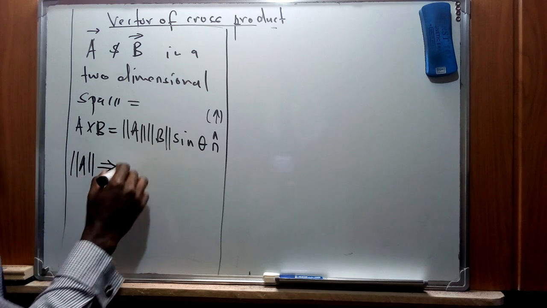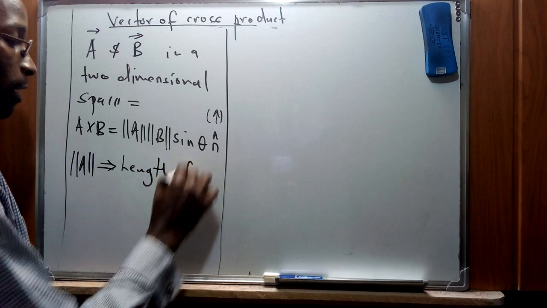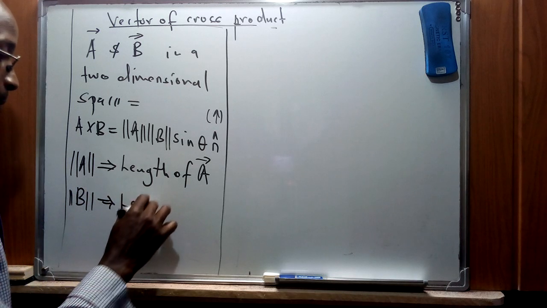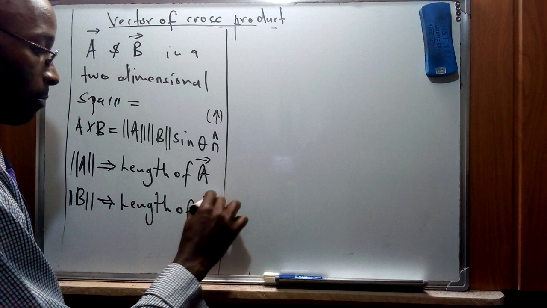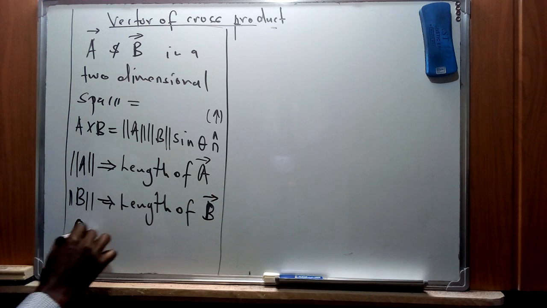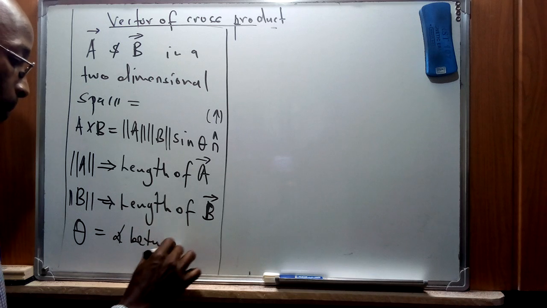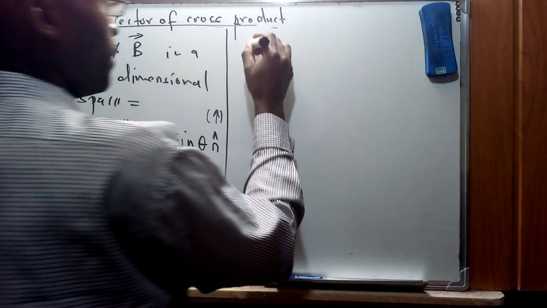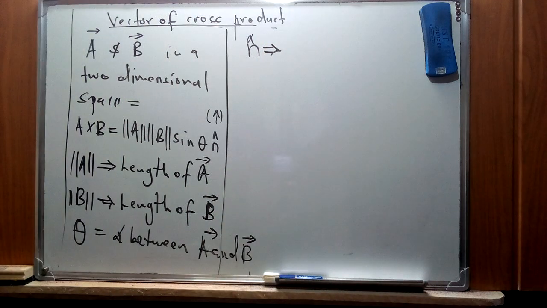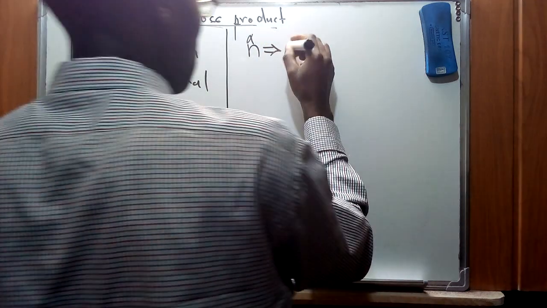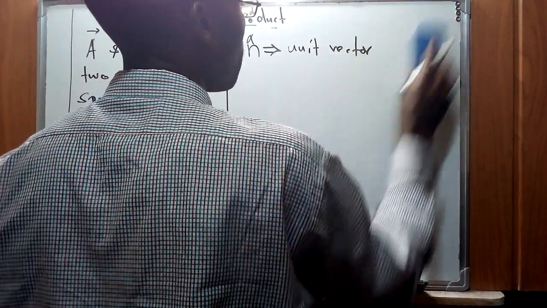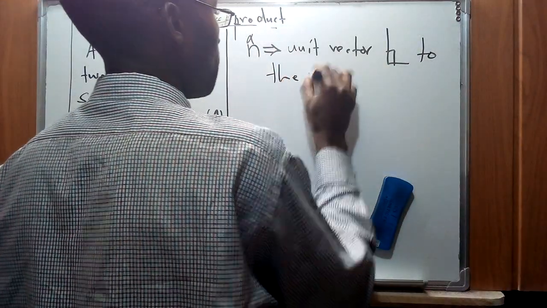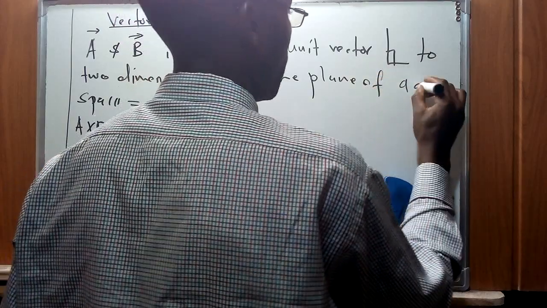We say this one implies the length of vector a, whereby |b| implies the length of vector b, and theta is the angle between a and b, and n, that one is going to represent the unit vector perpendicular, and just use this symbol, it implies perpendicular to the plane of a and b.